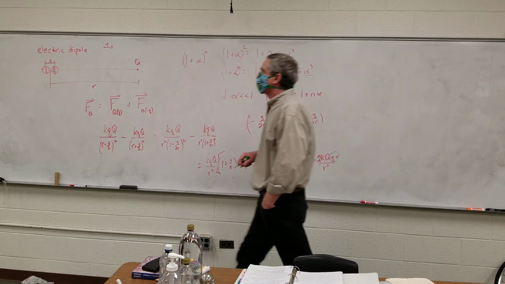If you think about a vector going from the negative to the positive charge, and then recycle a letter that you've used already, because that's the same symbol we use for momentum, but it's not momentum here, it is equal to q times s in the direction from negative to positive. And this is known as the electric dipole moment.